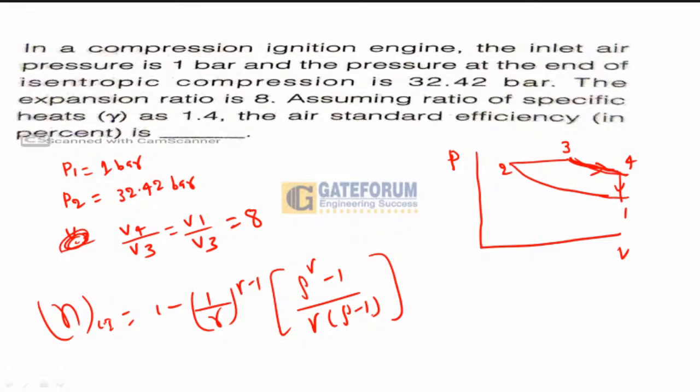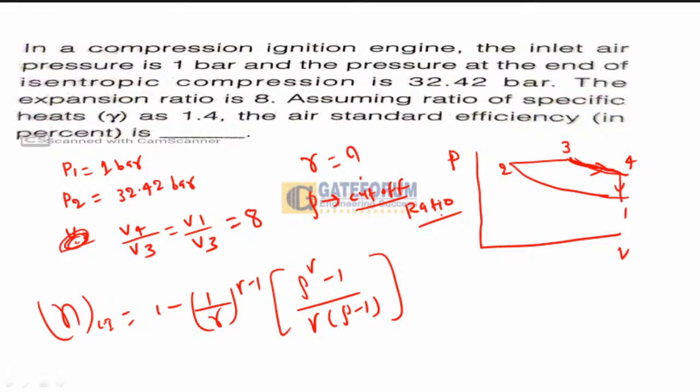In this question the compression ratio is not given, so first you have to calculate the compression ratio, and after that you have to calculate rho, which is called the cutoff ratio. Once we calculate these two things, you get the answer. Gamma is given, 1.4. So calculate r and rho, the cutoff ratio, and then you can proceed to solve this question.